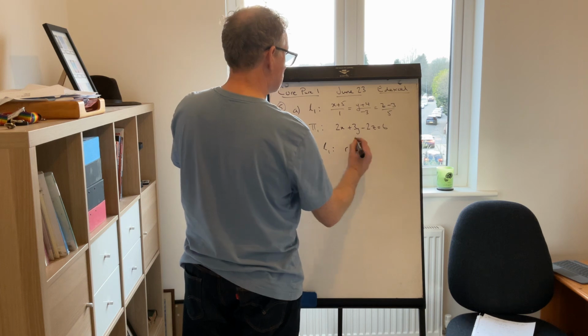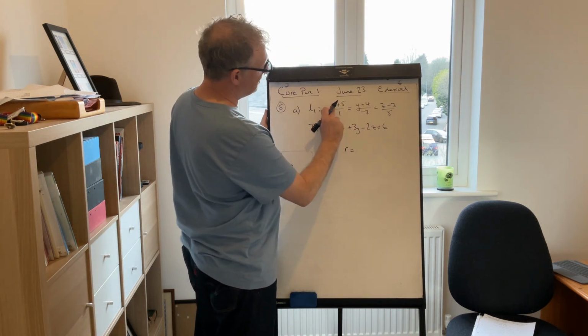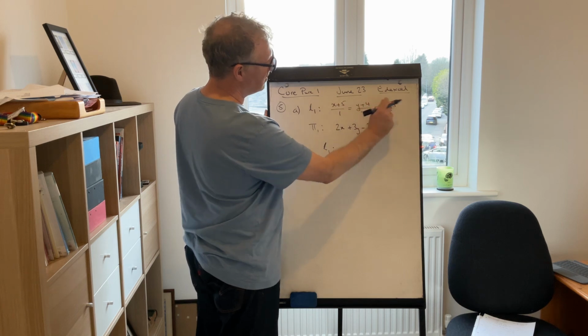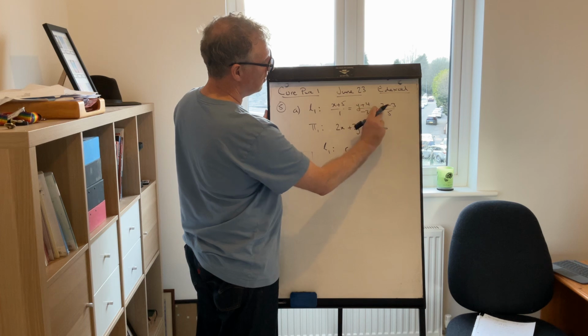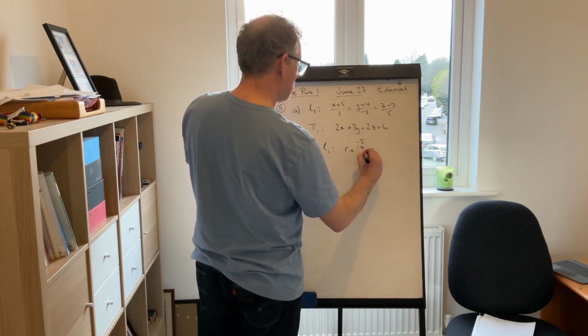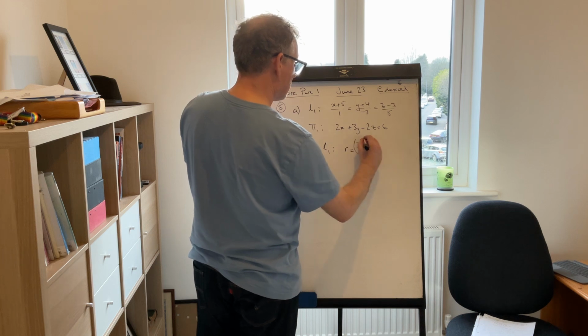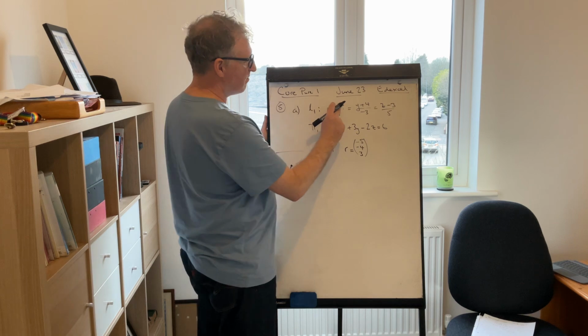So r equals, and you can see a point that's on the line, it's x minus a, y minus b, so it's going to be minus 5, minus 4 and positive 3. That is going to be a point on the line, I said the plane but I meant on the line.